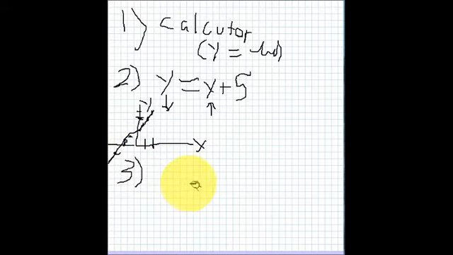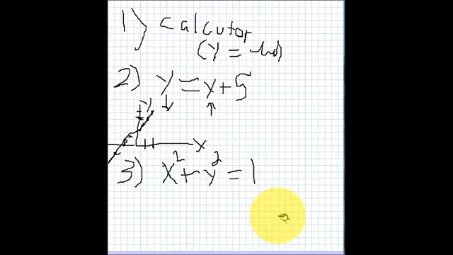The third way to graph a function is by knowing the shape already, and just knowing the parameters. Well, I guess I won't use the word parameters, it might confuse you. But one example of this is when I did this to draw a circle. I knew what the circle already looked like because I know what the shape of a circle equation is.